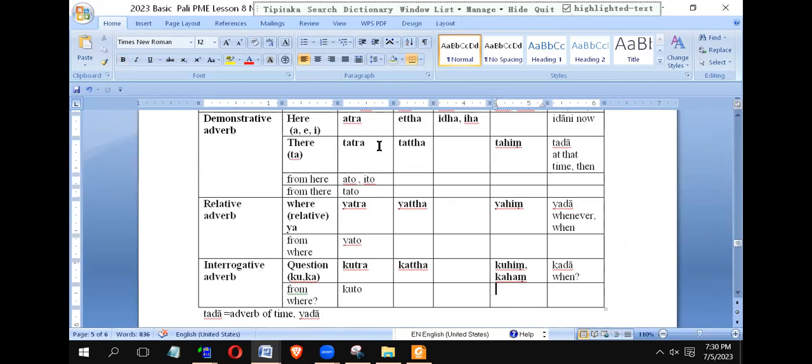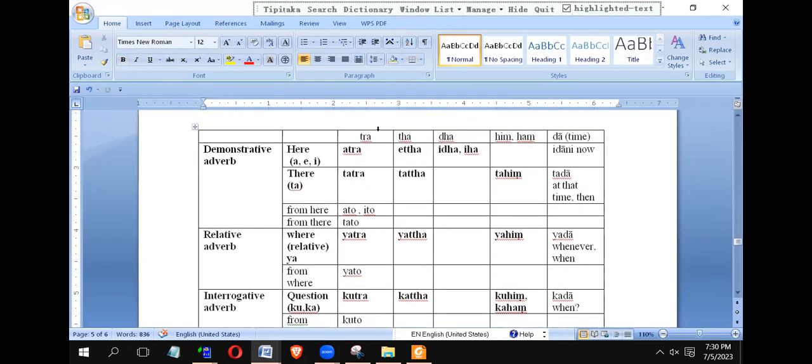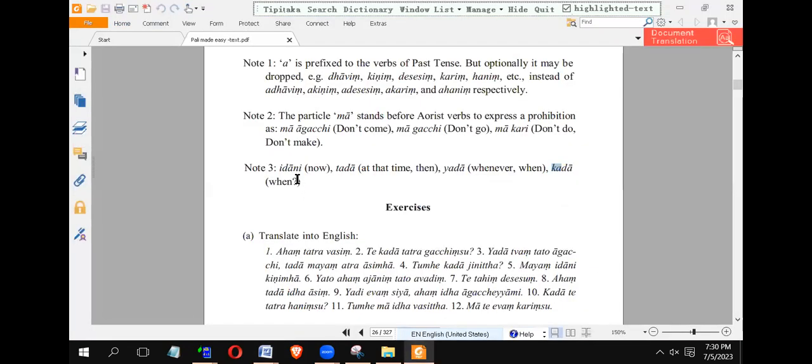You can put all the possible suffixes: tra, ta, da, him, ham, da. I pass this to you all to study by yourself, because it's not so complicated. The idea here, just remember: idani is now, tada is at that time, then, yada is whenever, when, kada is when, that's all.